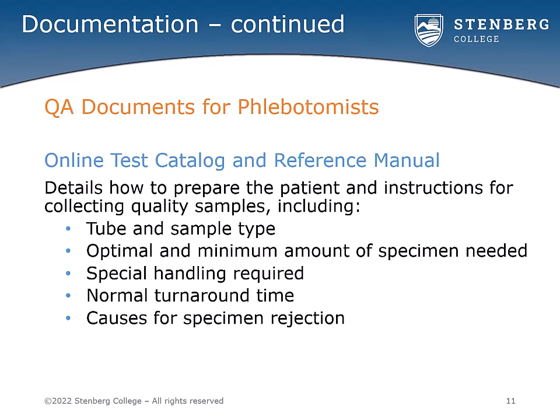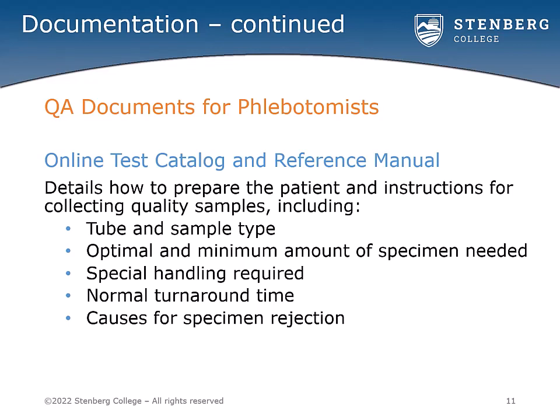As a phlebotomist, if you have a specimen-related question about how to collect a lab specimen and there's no one to ask, this is your go-to reference. The online test catalog and reference manual has detailed information regarding patient preparation and collection procedures to ensure you're collecting quality samples.